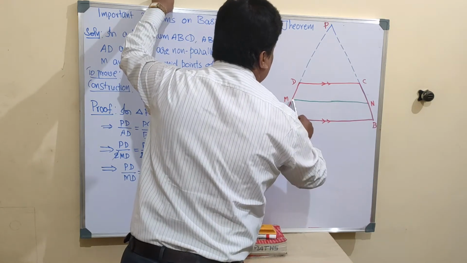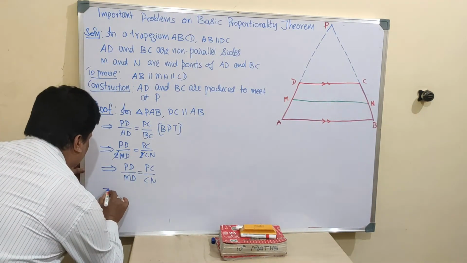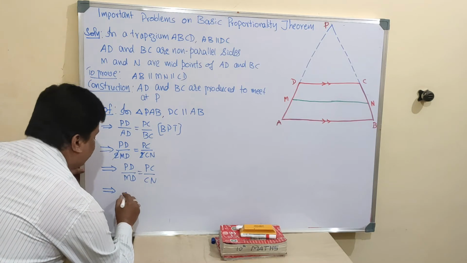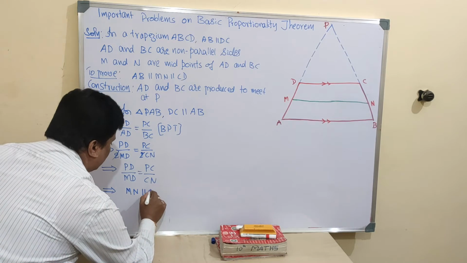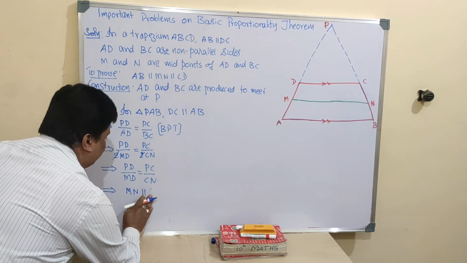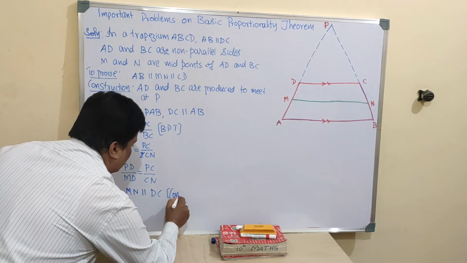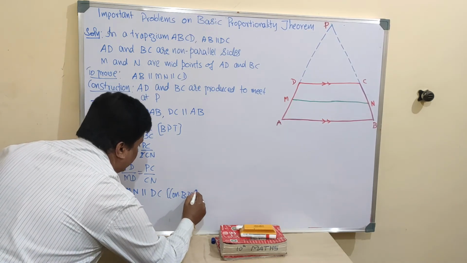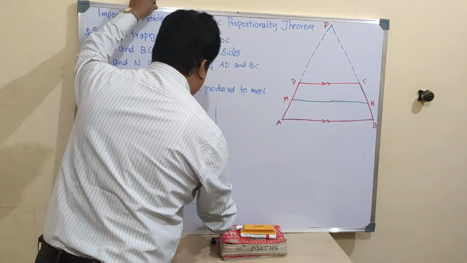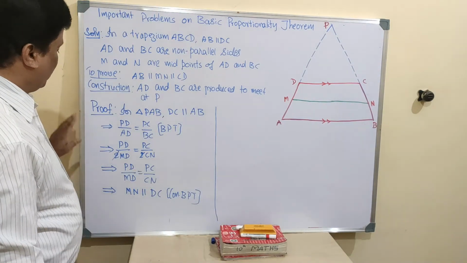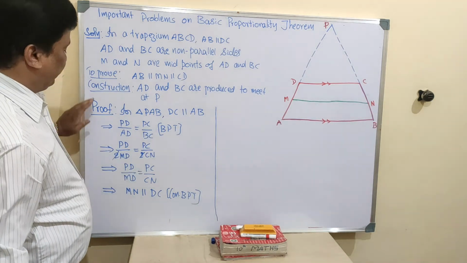Therefore, what we can write, MN is parallel to DC. That is, MN is parallel to DC. It is because of converse of BPT. I hope you have understood. PD by AD is equal to PC by BC because of BPT.